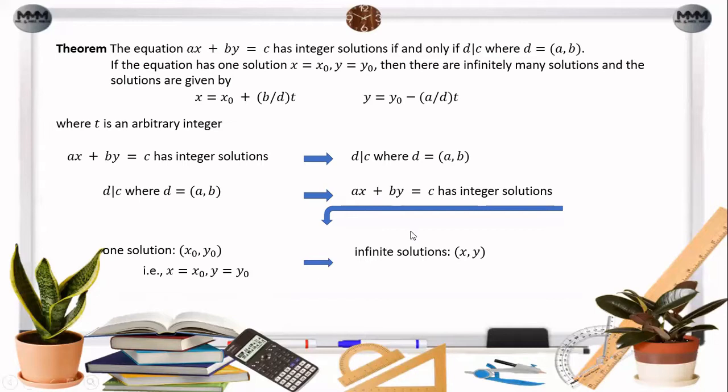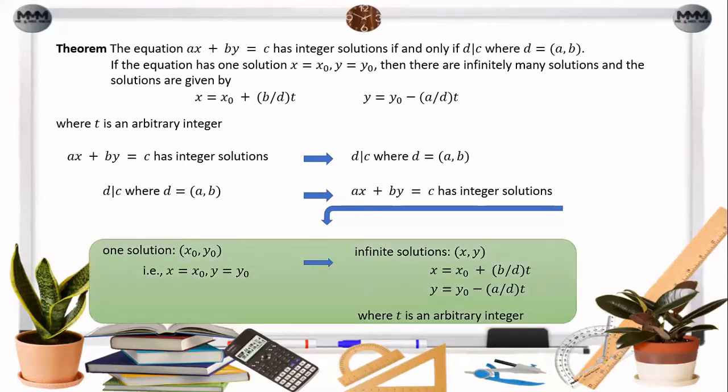We have here the ordered pair, the coordinate x and y, where x is equal to x sub 0 plus the product of b over d and t. And then for our y, we have this form, where t again is an arbitrary integer. So please do not forget this one because we will be using it later on.